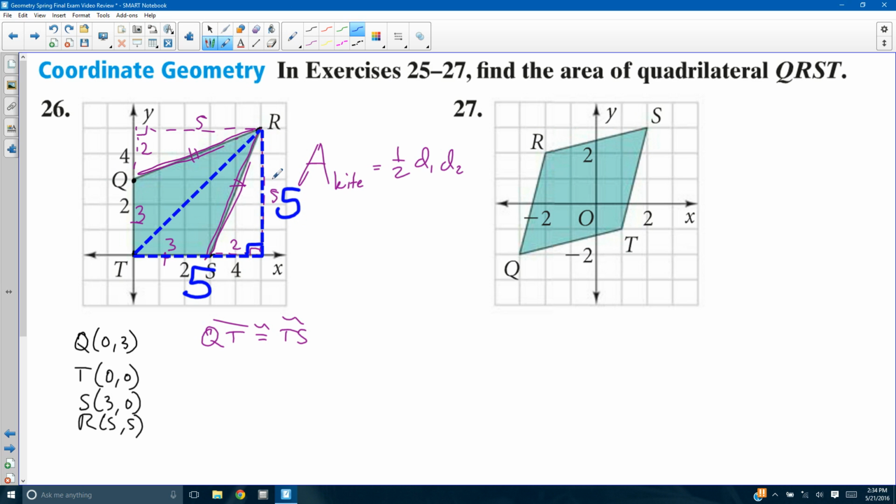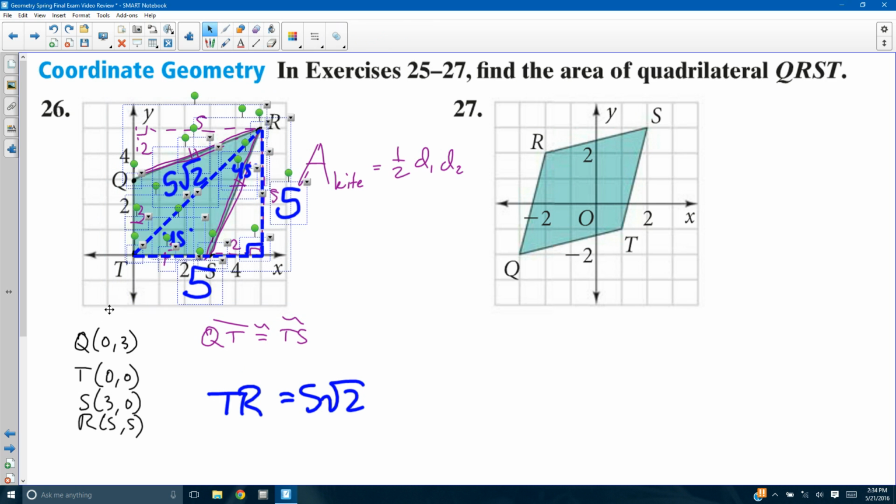Well, this is an isosceles right triangle, which also means it's a 45, 45, 90 triangle. And in a 45, 45, 90 triangle, this is 5, 5, 5 root 2. So the length of TR is 5 root 2. I could have used Pythagorean theorem, but didn't really need to.